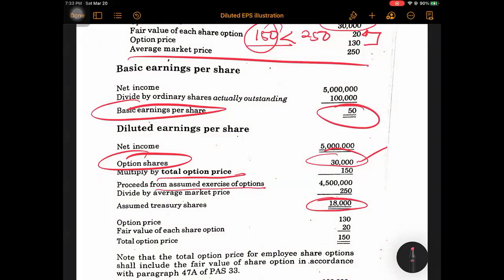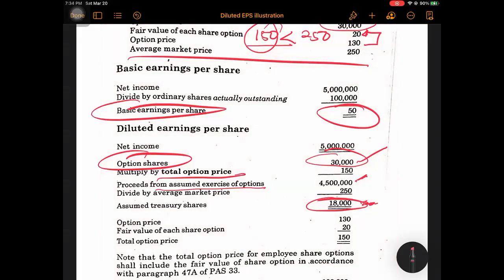Di ba? So based on the option price and the number of option shares, you have 4,500,000 divided by the average market price of 250. Therefore, if it would be offered to the third party, 18,000 lang ka shares ang ilang mapalit.